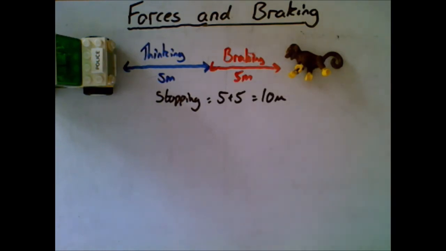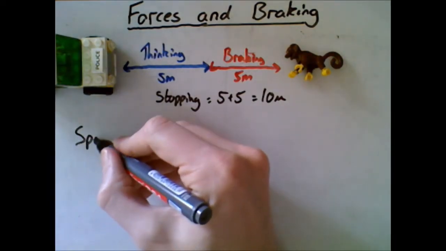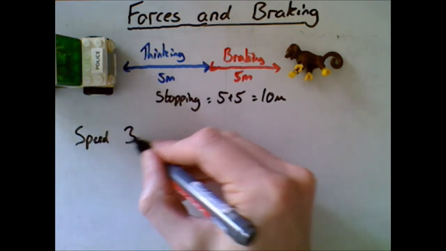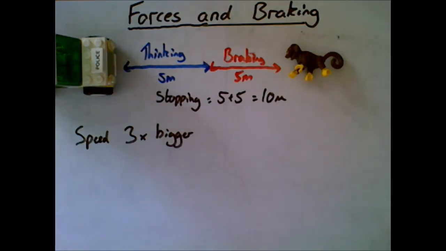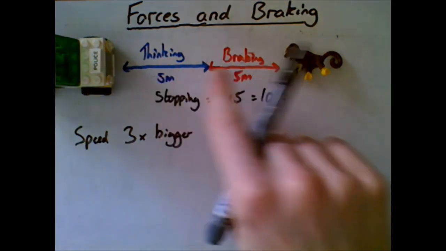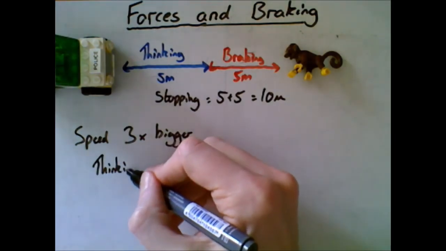But now we're saying then that his speed is now 3 times bigger. And we're thinking about what happens to these 2 different numbers. So let's think about the thinking distance first of all.